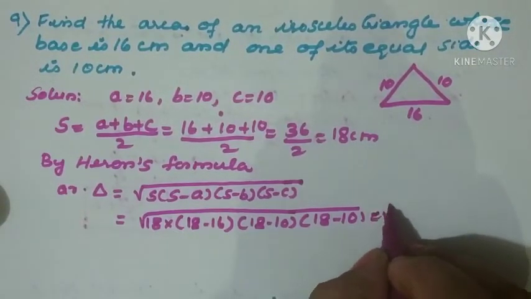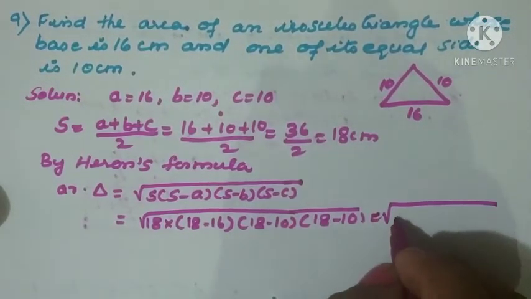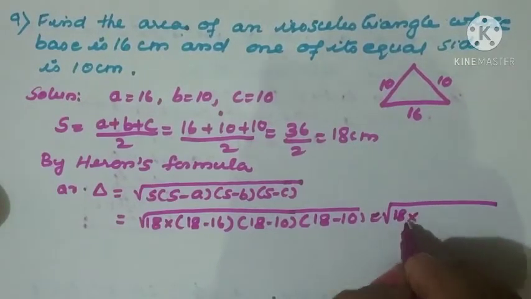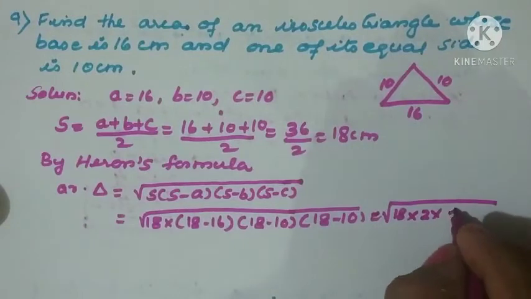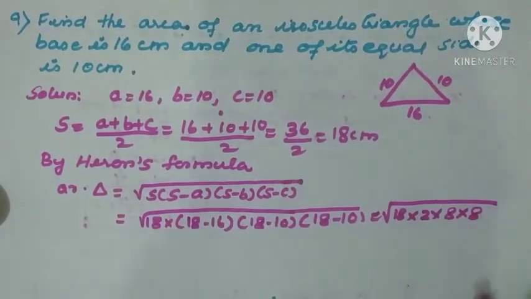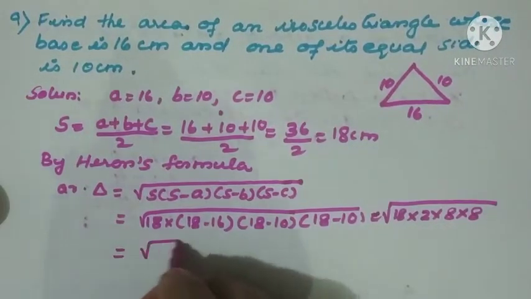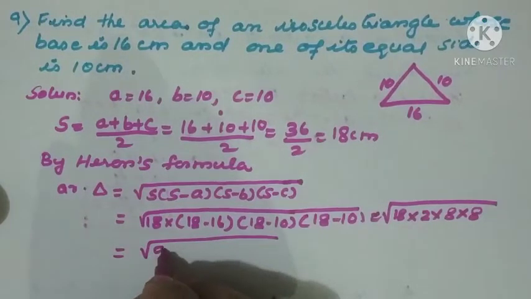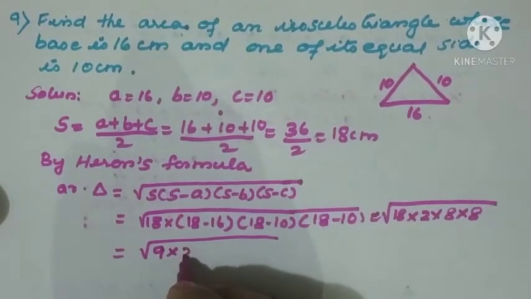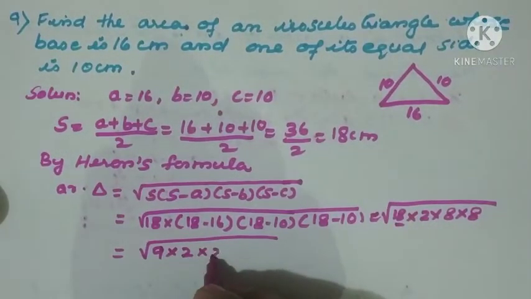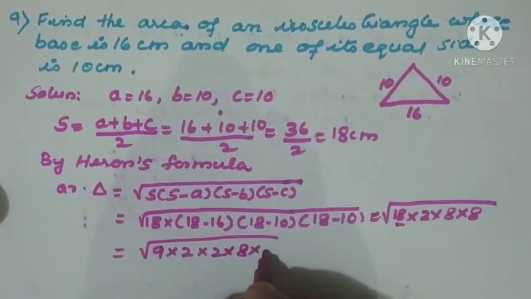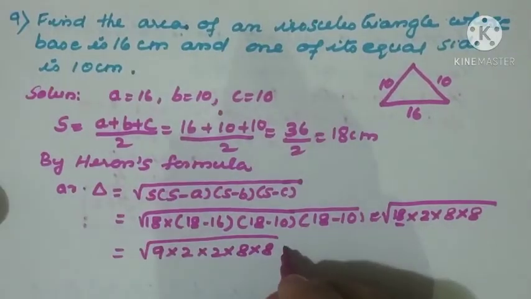Equal to root of 18 into 18 minus 16, that is 2, 18 minus 10 is 8 into 8, equal to, 18 can be written as 9 into 2. Only 18 I am changing, 9 into 2. The remaining terms are same only. Now we can take out the roots.